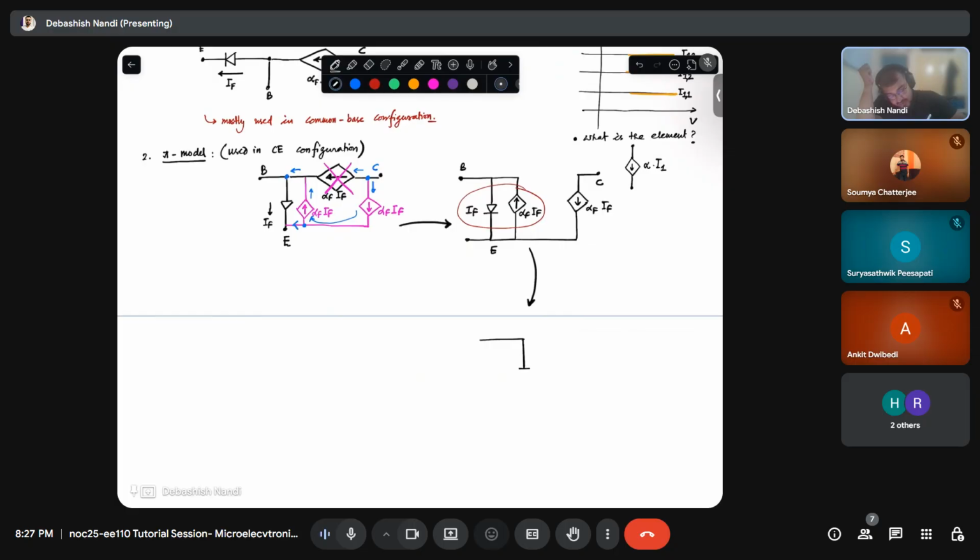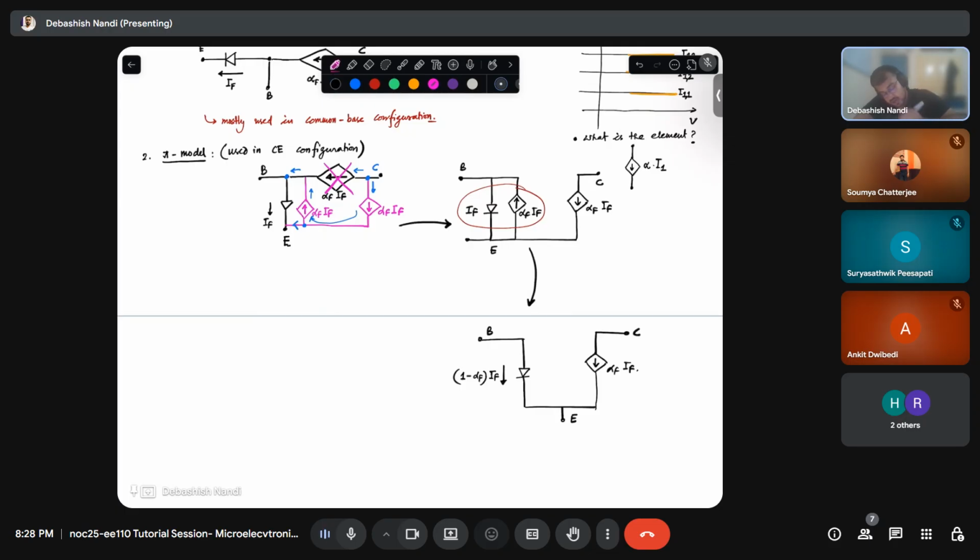So let me just have the current as (1 minus alpha F) times IF, and this current is alpha F IF. Fine. This is my B, this is my E, and this is my C.